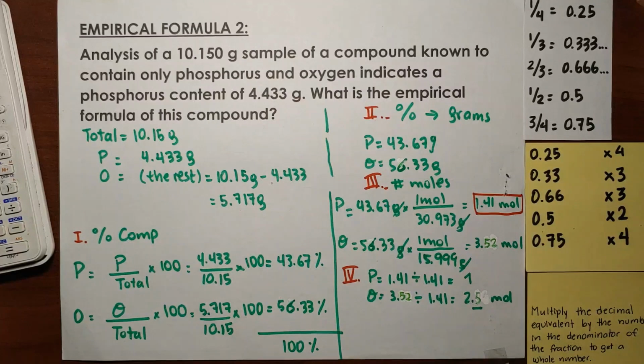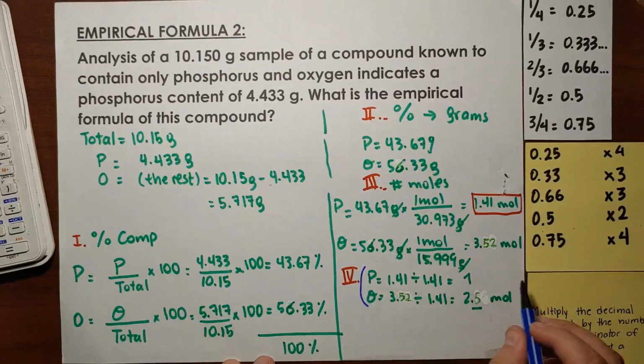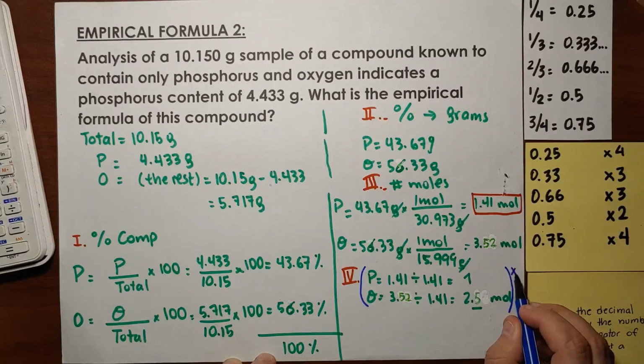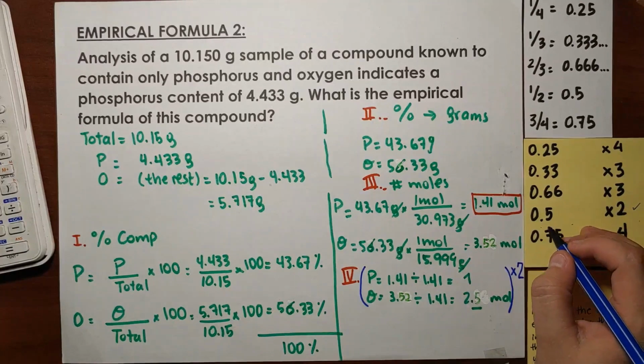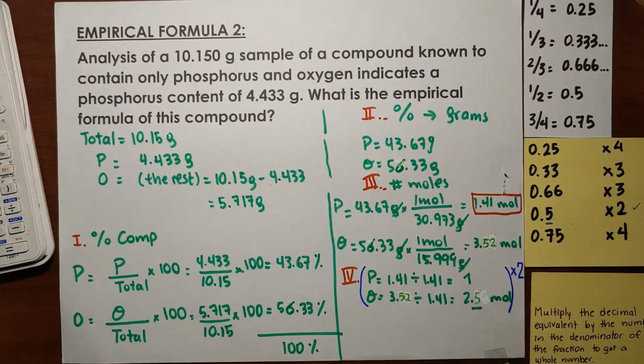Okay, so what we do right now is we're gonna be multiplying times 2, because we have the decimal 0.5, which is 2.5.